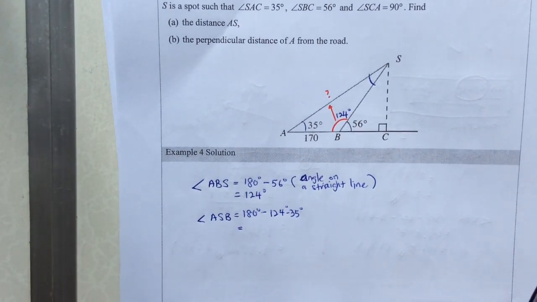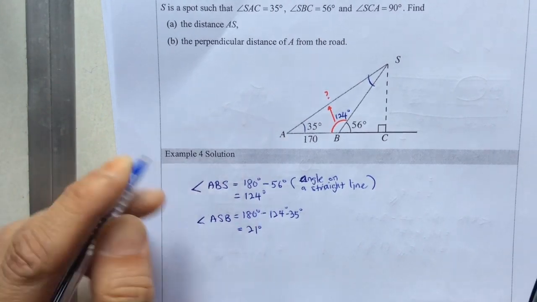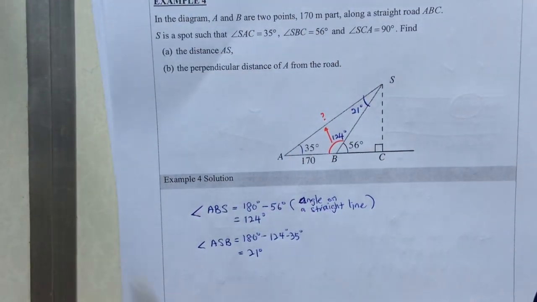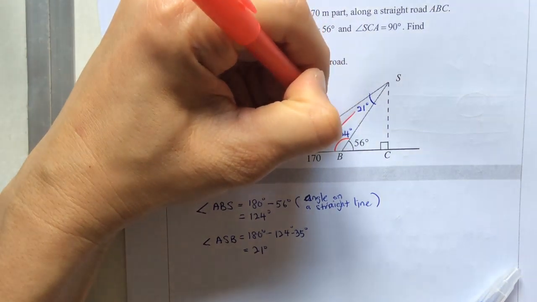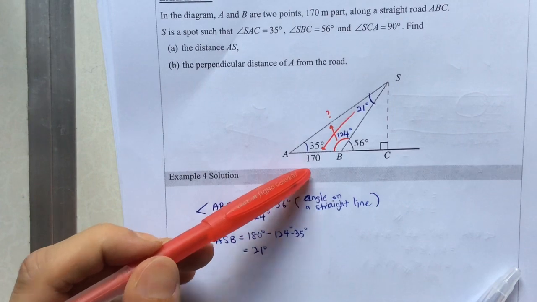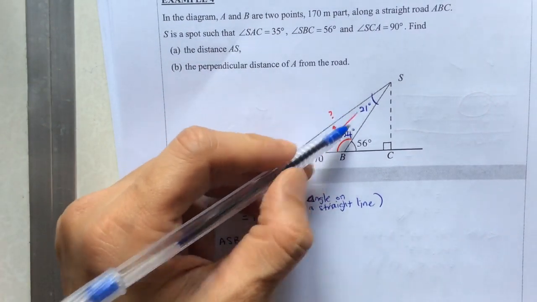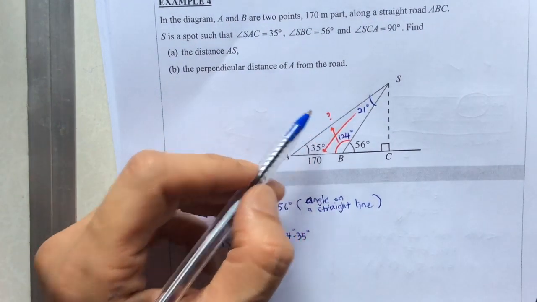This will give me a value of 21 degrees. Once I get 21 degrees, I will update here 21 degrees, and I can form the pair of arrows. So 21 degrees and 170 are now related by the arrow, and you have a cross here, and I can use that to find the value of the distance AS.